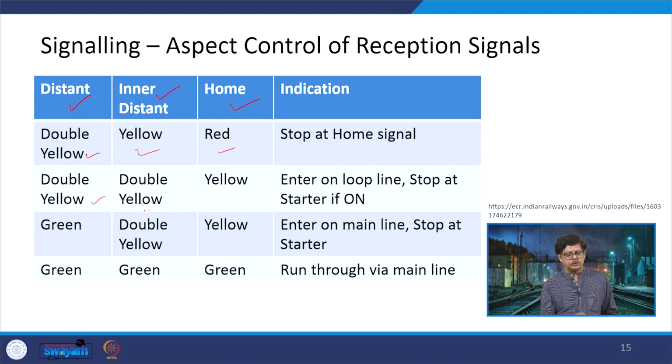When it is double yellow and yellow, that means you are going on the loop line. When it is green, double yellow and yellow, you are coming on the main line but stopping at the starter. And green, green and green means you are continuously moving on the main line. So, this is how the information is being given to the loco pilot.